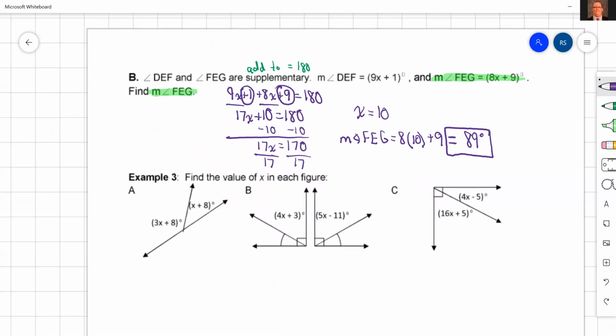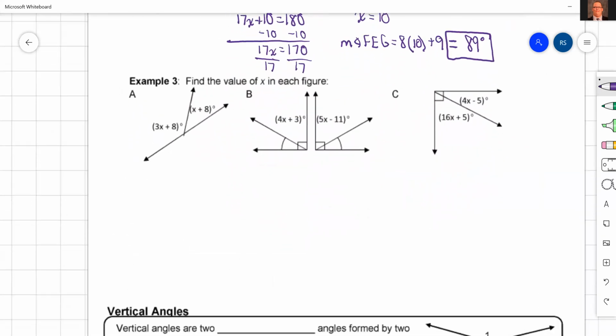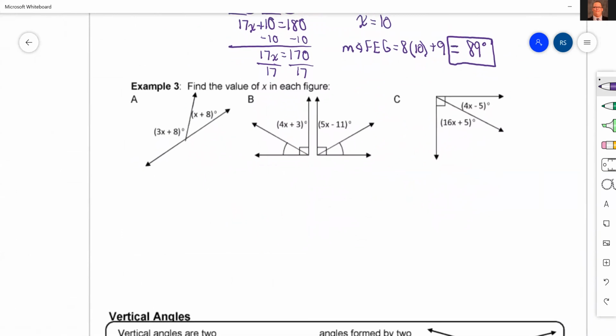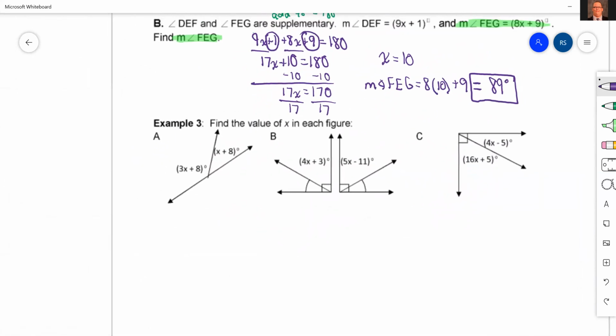Okay, so now we have the next set of examples. We're given the picture in A. What does this make right here? A line, and a line is how many degrees? 180 degrees.